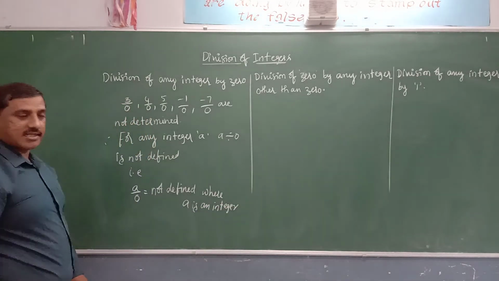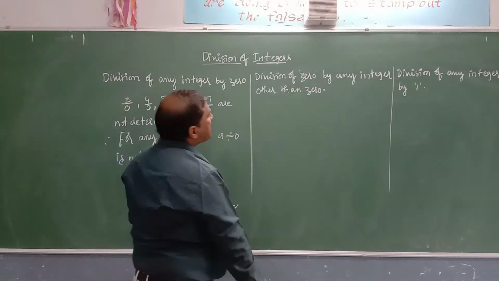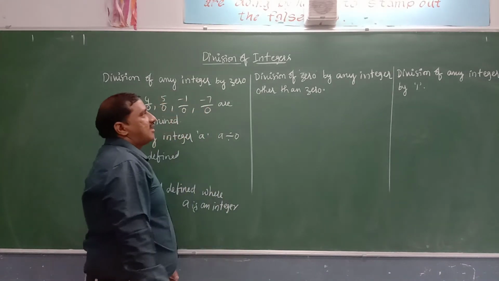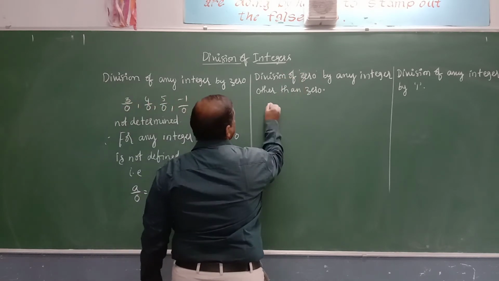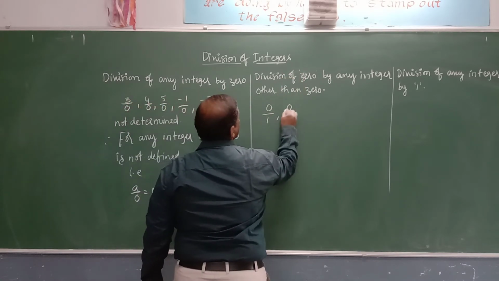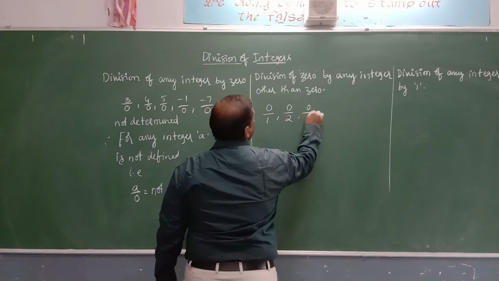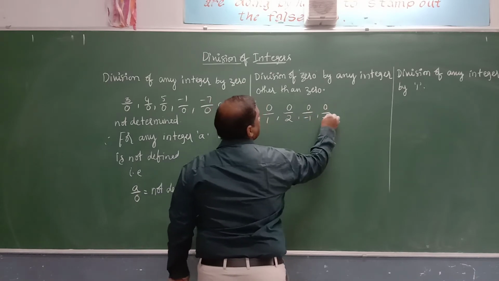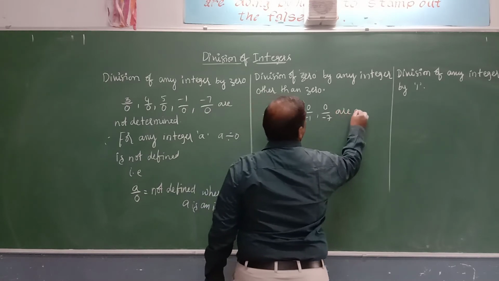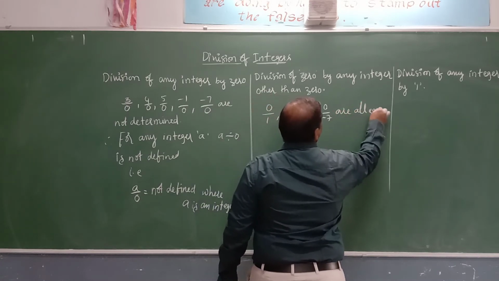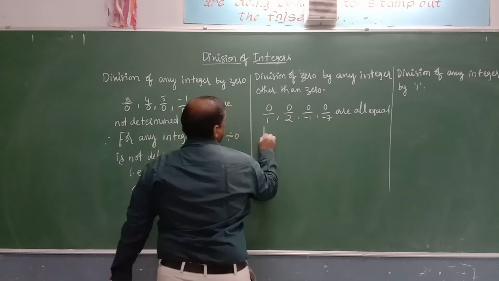Now, division of 0 by any integer other than 0. That is 0 by 1, 0 by 2, 0 by minus 1, 0 by minus 7 are all equal to 0.